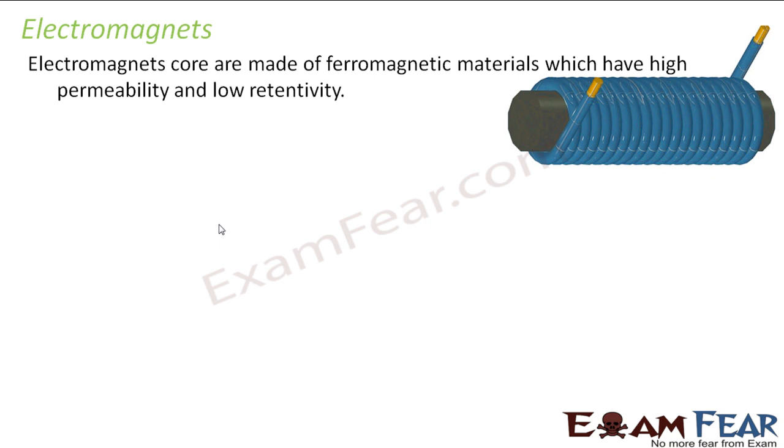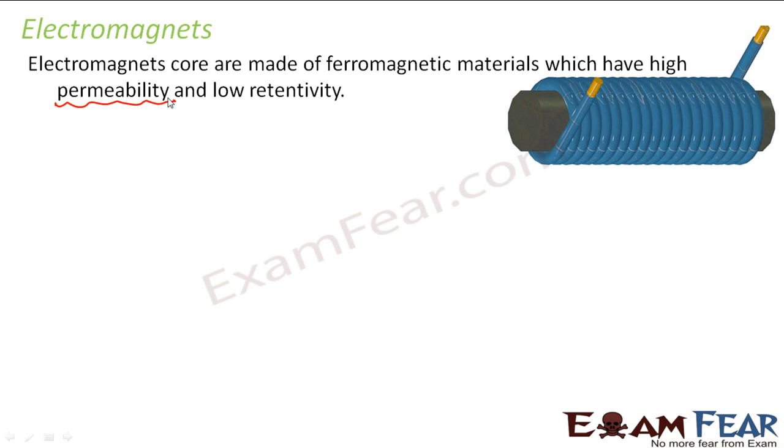So if you want the substance to get magnetized quickly, you need high permeability, because permeability is a property which tells us the ability of a material to get magnetized. So if the substance has high permeability, that means the substance will get magnetized quickly.